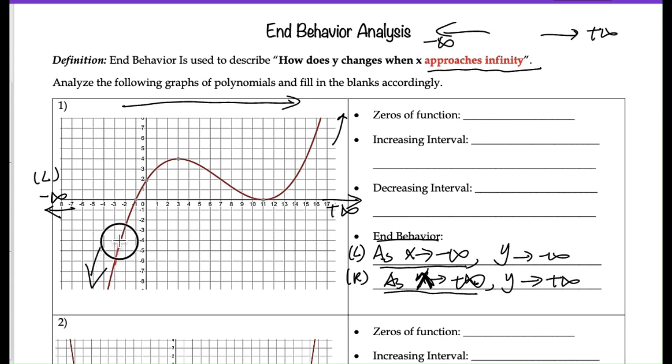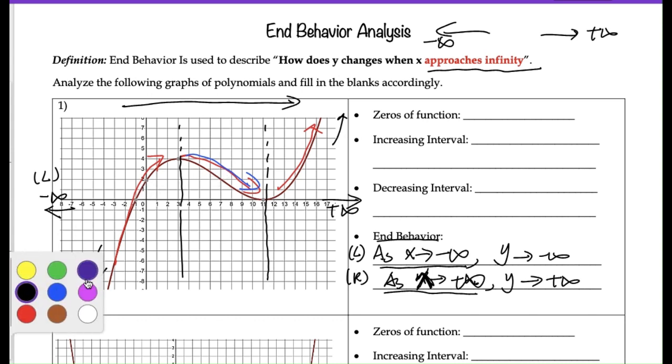From left to right, it's going up, then it's going down, and then it goes up again. We can use a little divider to divide the graph at the turning points to indicate the change between each part.